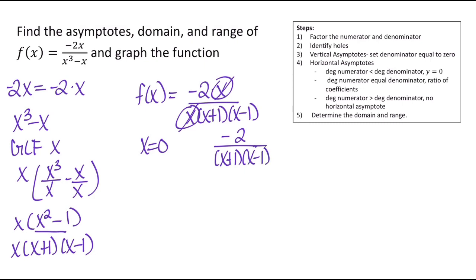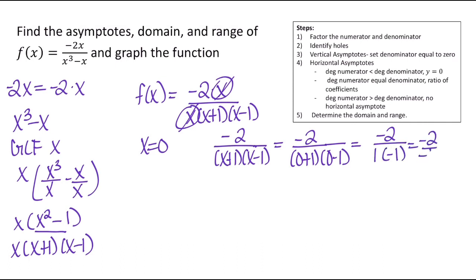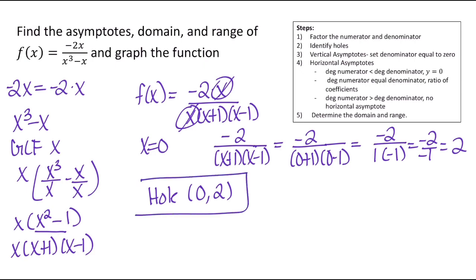When I plug in x equals 0, I get negative 2 over 0 plus 1 times 0 minus 1. That gives us negative 2 over 1 times negative 1, so that's negative 2 over negative 1, which is 2. So the hole is going to occur at (0, 2). That's the hole of our function.